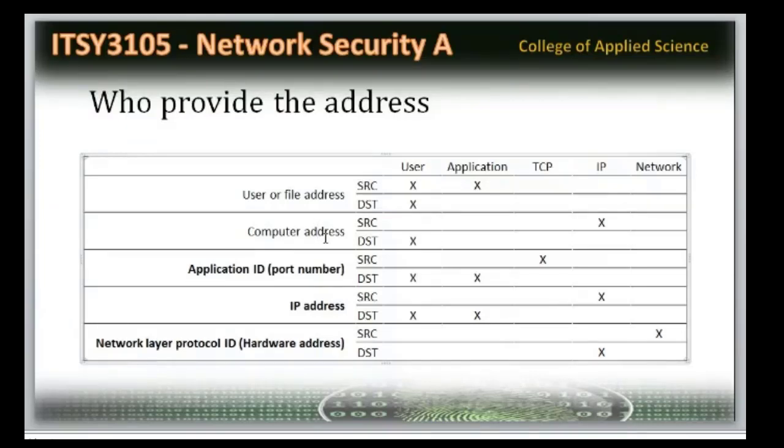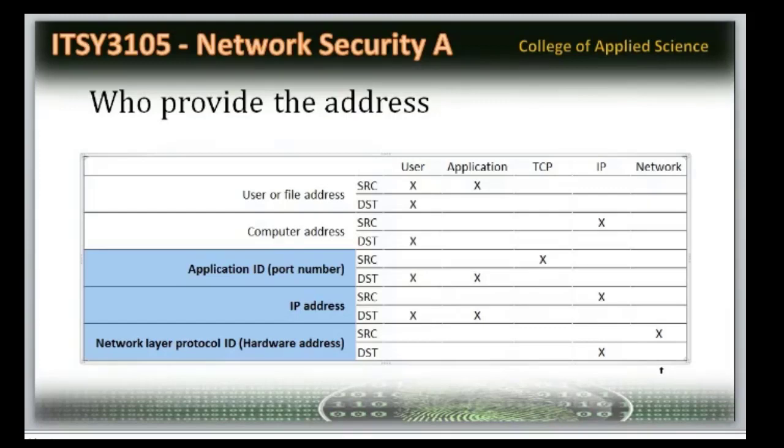I want to communicate with facebook.com, so I need this computer address. I want to access some files from your machine, so I need the file address. But for the basic communications, you need these three things: port numbers, IP address, and also the hardware address. These are very, very important concepts. Everybody must understand.